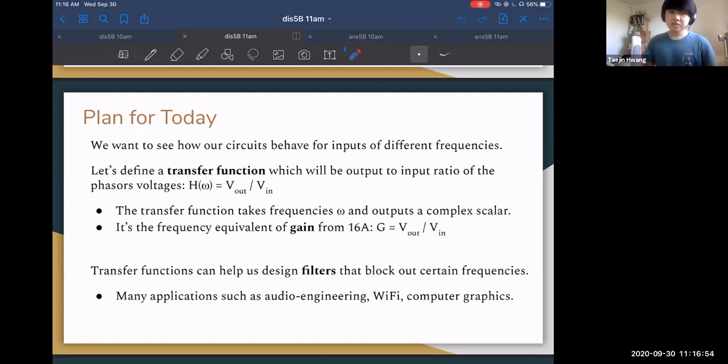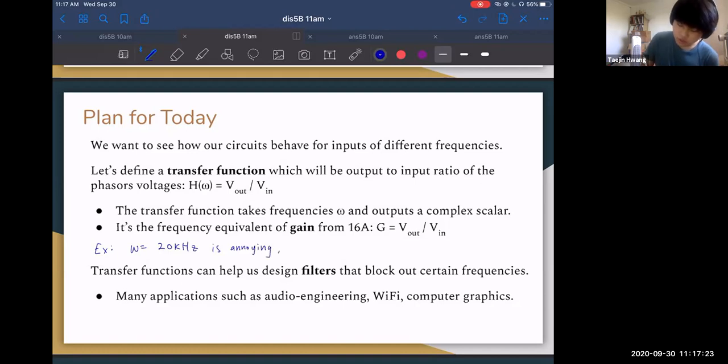And lastly, transfer functions are really useful because they help us design a bunch of filters that can block out certain frequencies. So, for example, let's just say we have some frequency, I don't know, 20 kilohertz that's really annoying, and we want to block it out.